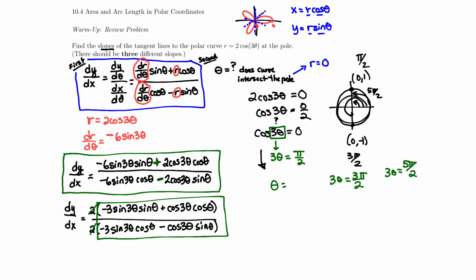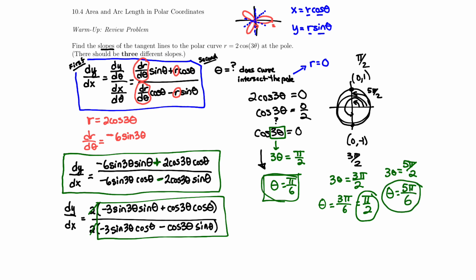So that's how we're going to get our 3 angles that we're going to substitute in. You'll notice there's 3 of them: pi over 6, pi over 2, and 5 pi over 6. When theta is pi over 6, the cosine of 3 theta becomes the cosine of 3 pi over 6, which is the cosine of pi over 2, which gives me 0.